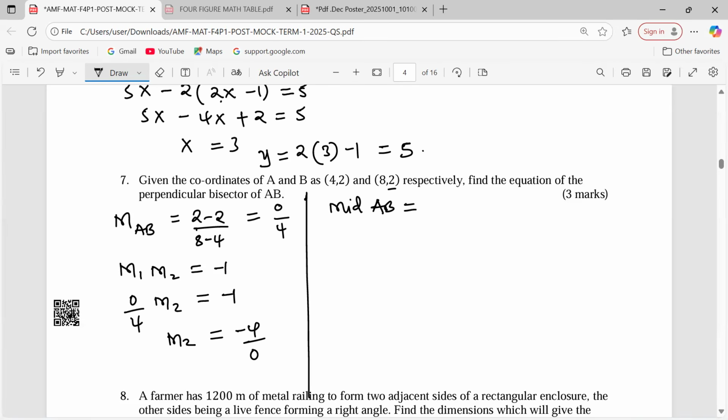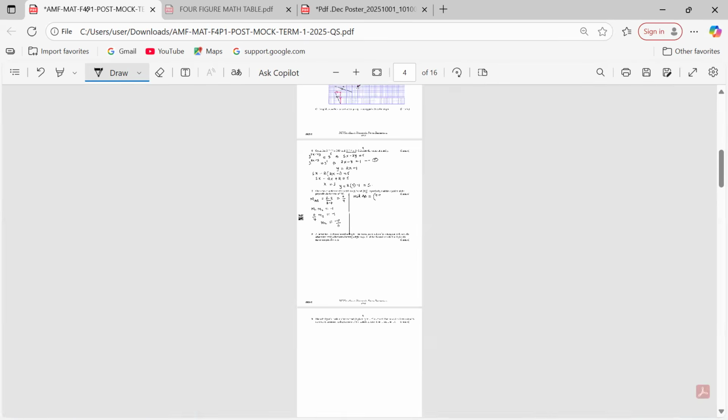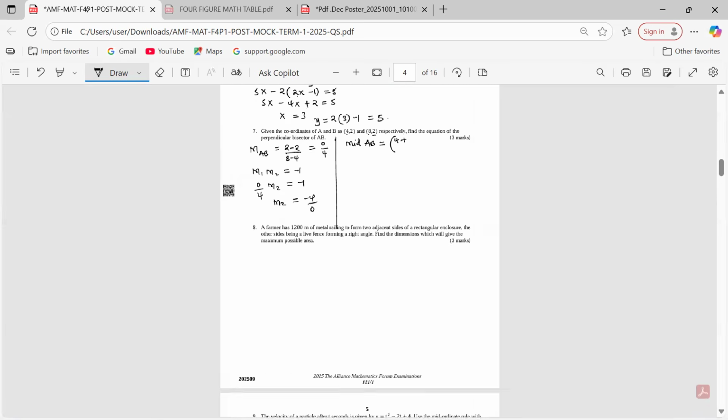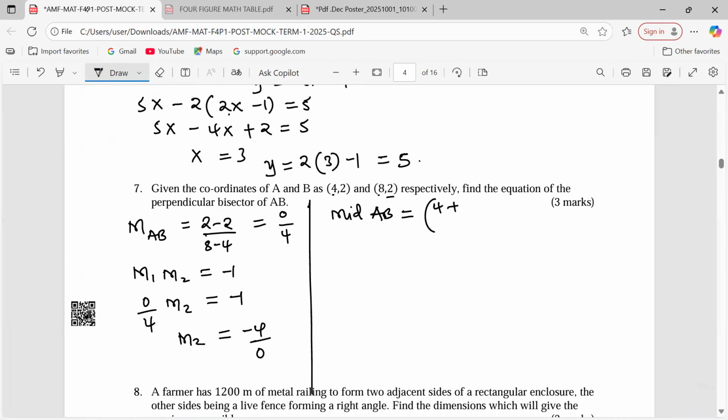So the mid of AB shall be equal to, we take the first x, 4 plus 8 divided by 2. Then 2 plus 2, we also divide by 2. So this midpoint is going to be 12 over 2, 6, then 2.